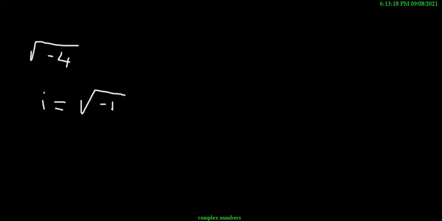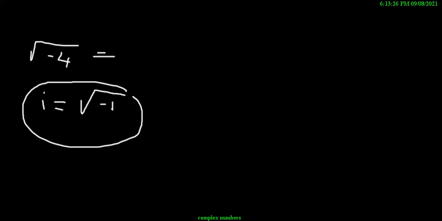So based on this, we can say the root of -4 is equal to the root of 4 times the root of -1. And remember we said the root of -1 is i.